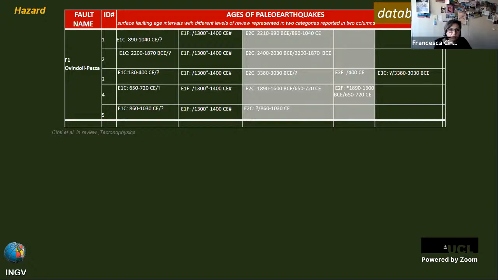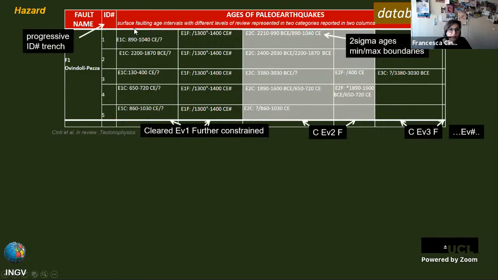What it's important to say is that surface faulting age intervals with different levels of review are represented in two categories reported in 2 columns. One is called the clear data column, and the other is the further constrained column.